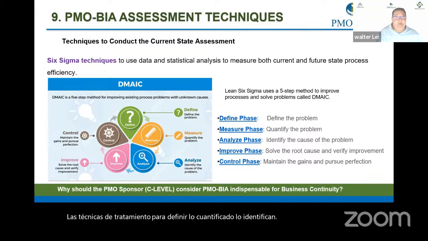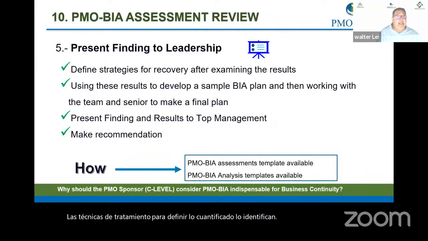So we follow all the processes and best practices to present the findings to the leadership.